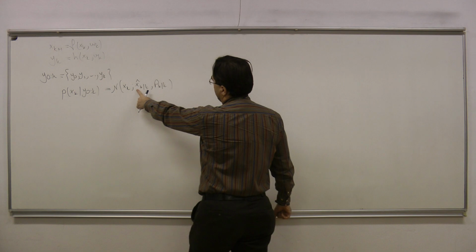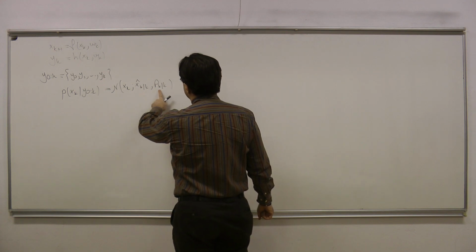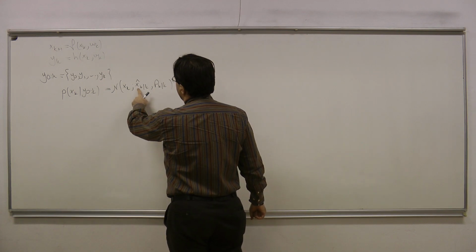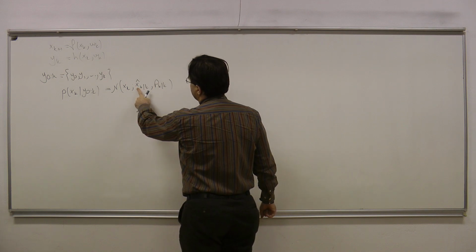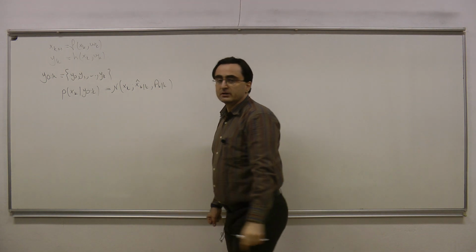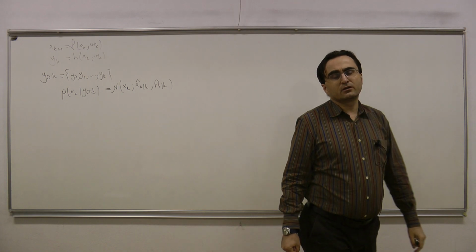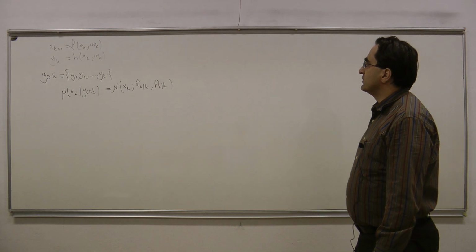So this is the posterior mean of the state. This is the posterior covariance. And then we can find a recursion for this x_{k|k} and P_{k|k}. That recursion in the linear Gaussian case is called the Kalman filter.